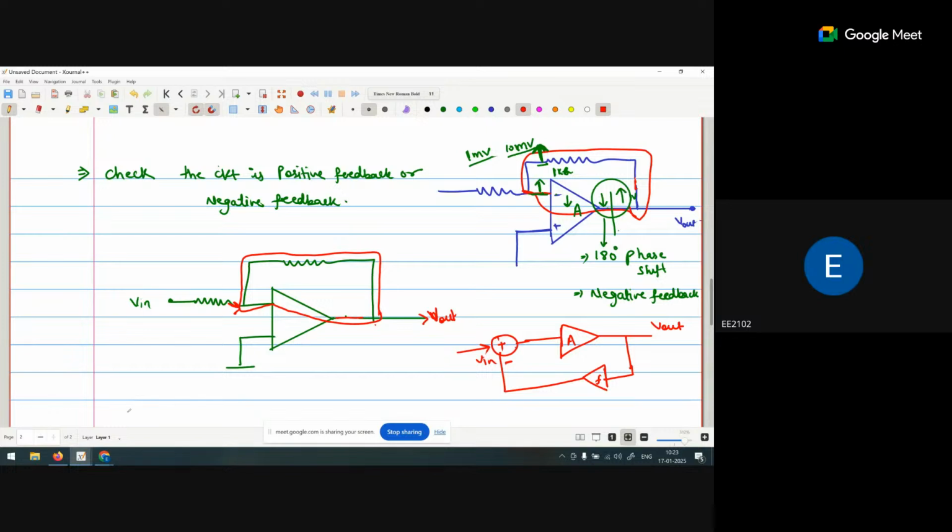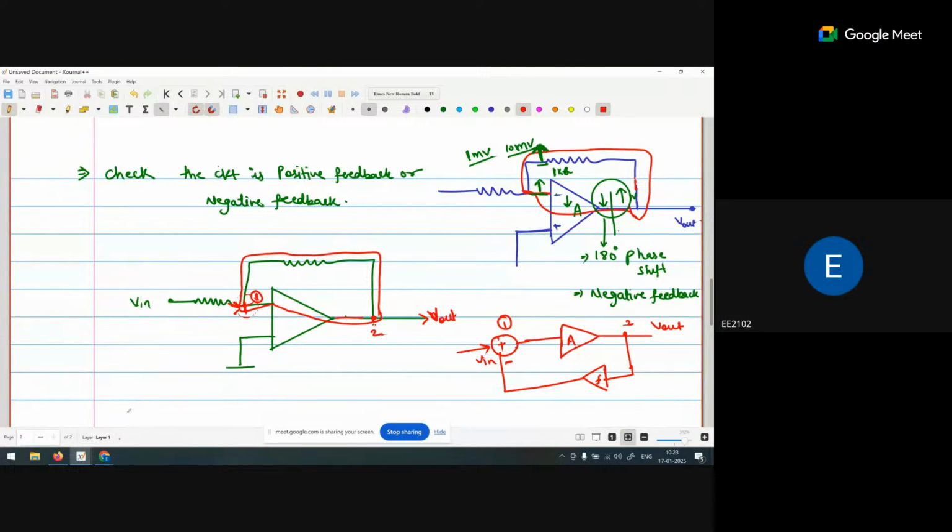This point is basically replaced by this one. So if I replace it here with a summer, this is point two, and this is point one.